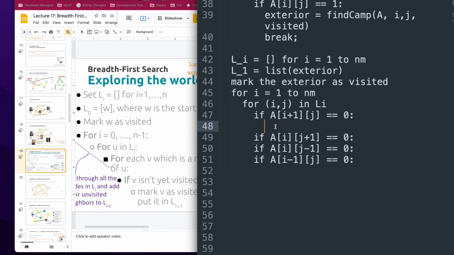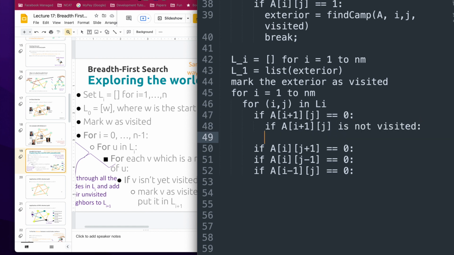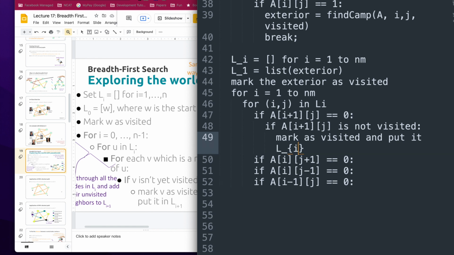So you would say, if this one (i+1, j) is not visited, then mark as visited and put in L(i+1). So for this pseudocode, there are 4 other statements that you need to complete. It's actually pretty complicated, but I'm going to leave this incomplete for now.